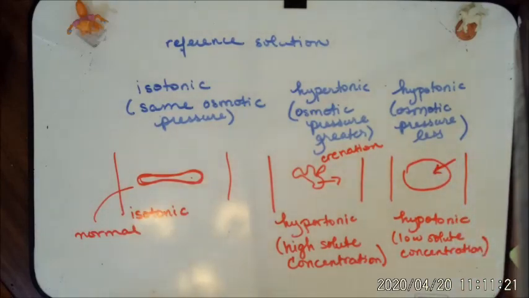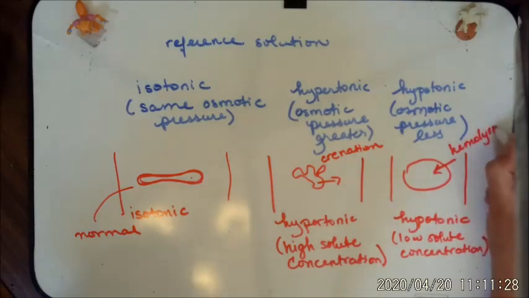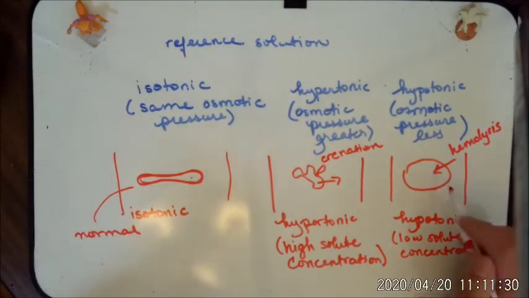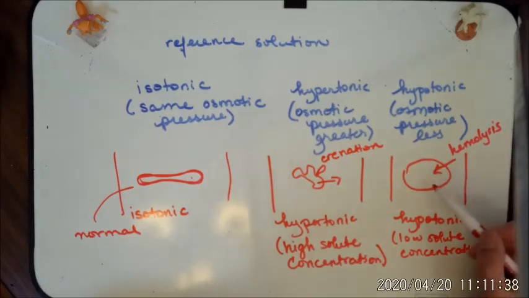Basically, this is called hemolysis. What happens is so much water goes in, it just bloats and then it breaks. Lysis is to break, to cut open. So hemolysis is basically to break open all my red blood cells. Okay.